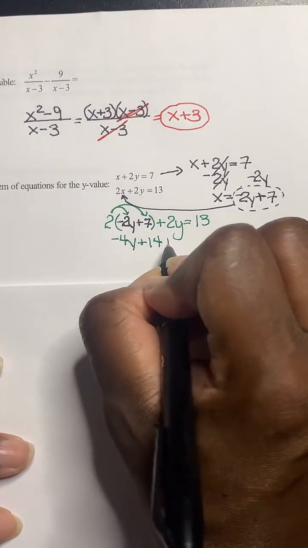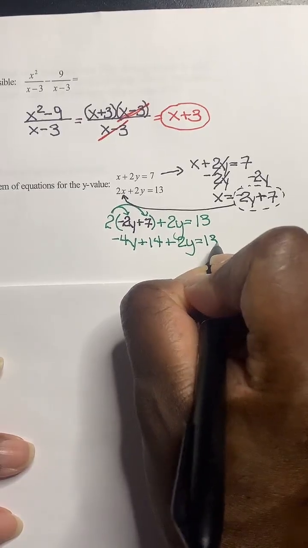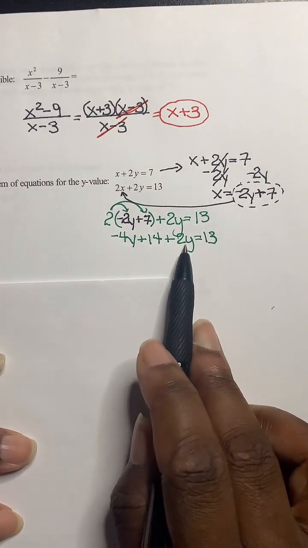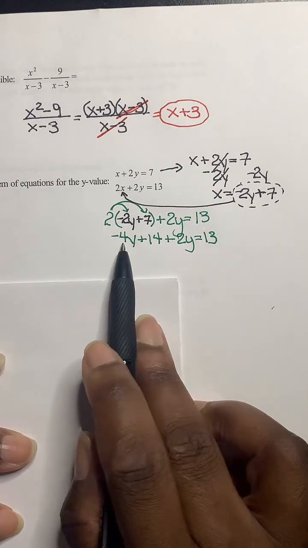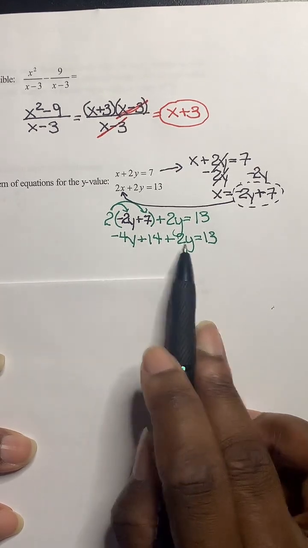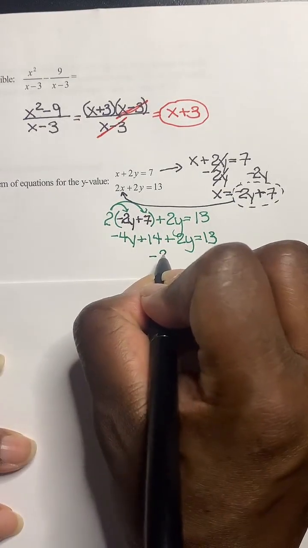And we're going to bring down the plus 2y equals 13. Now, if you notice, the y's are on the same side of the equal sign. This is a negative 4. This is a plus 2. You owe me $4. You paid me $2. That means you still owe me $2.